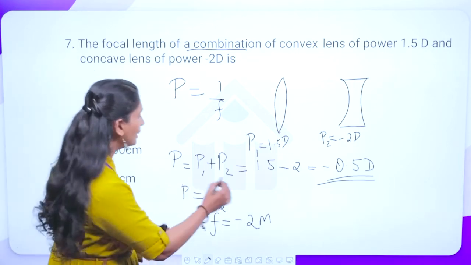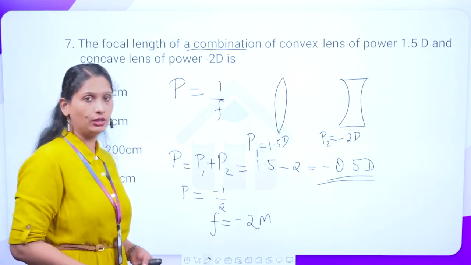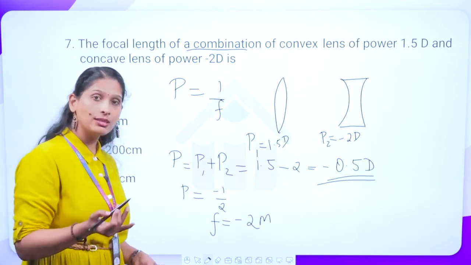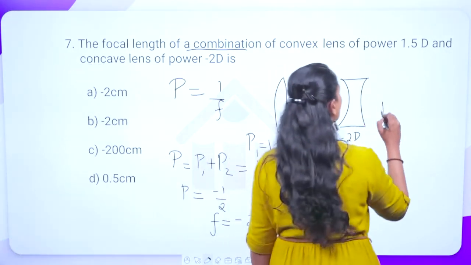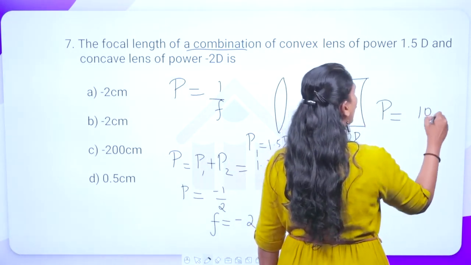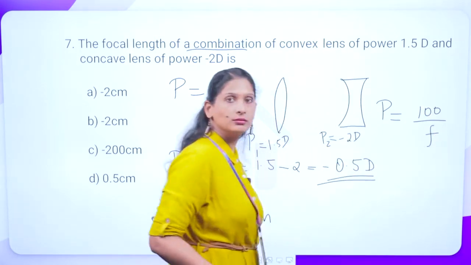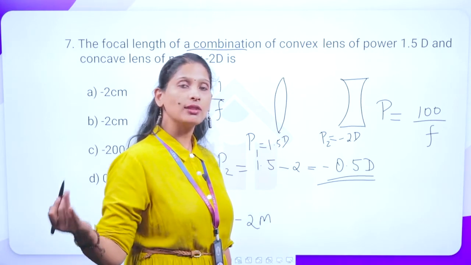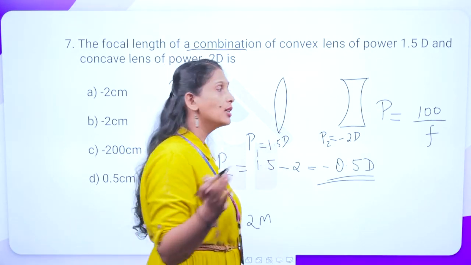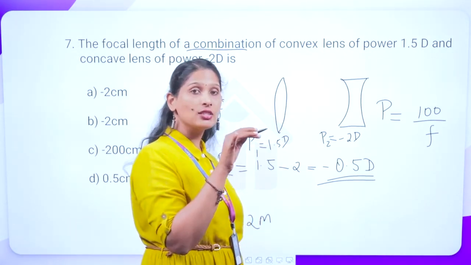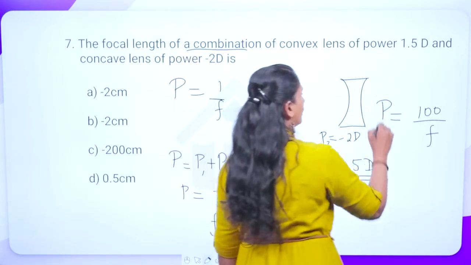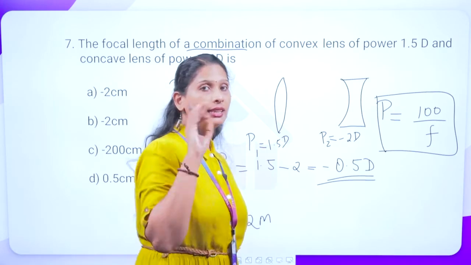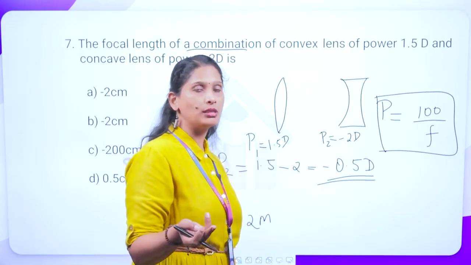Okay, and you haven't done any unit conversion here. And if you wanted the value of focal length directly in centimeter, then you just have to substitute P is equal to 100 by F. That is fine, because we know that focal length into 100 will give you the corresponding value in centimeter. Right? So, if you want to convert it as such, you can do this conversion equation directly. You don't have to do P is equal to 1 by F, get the value and then convert it into centimeter.